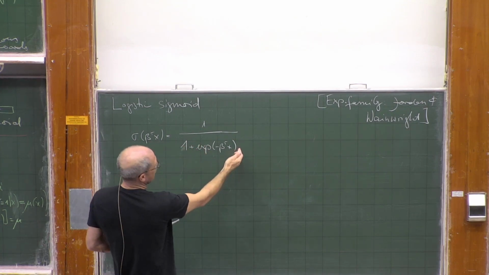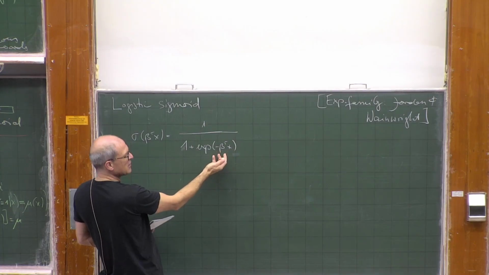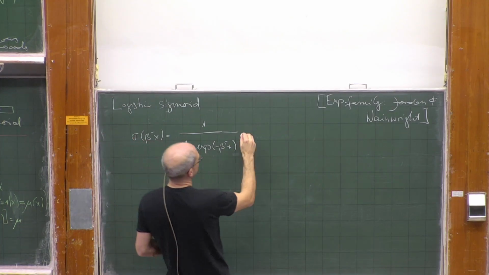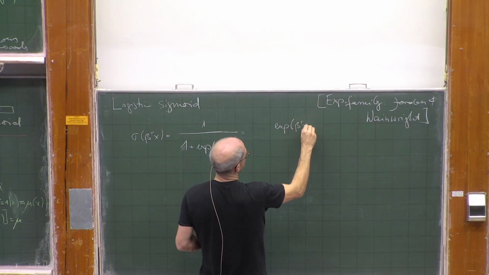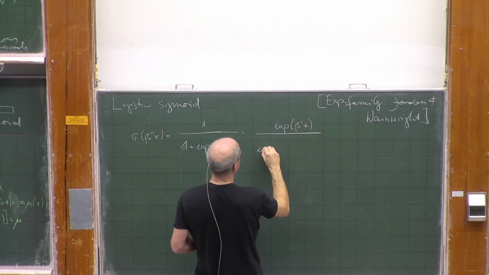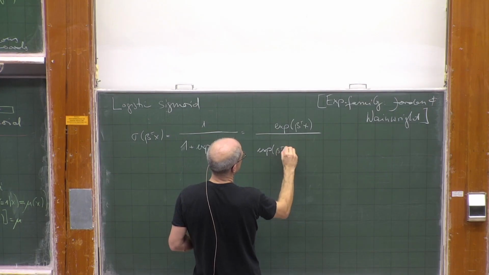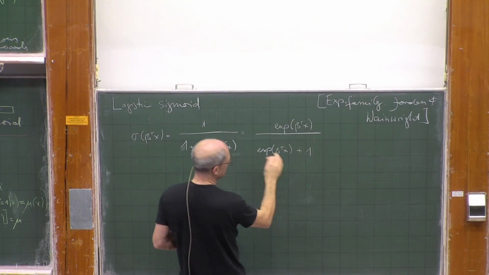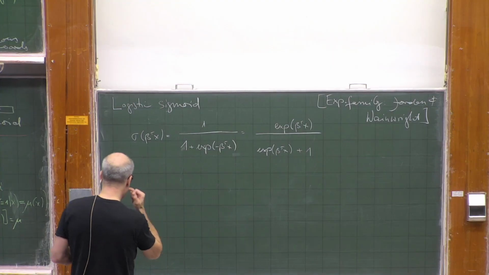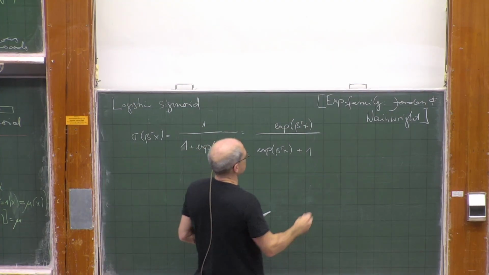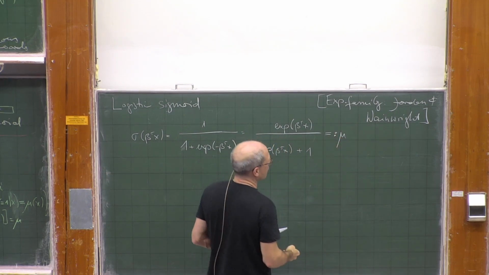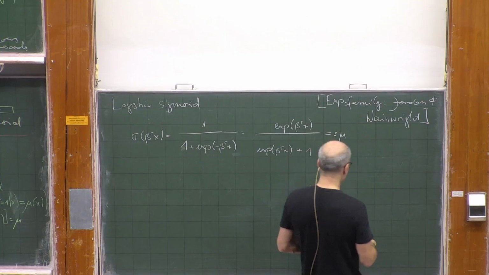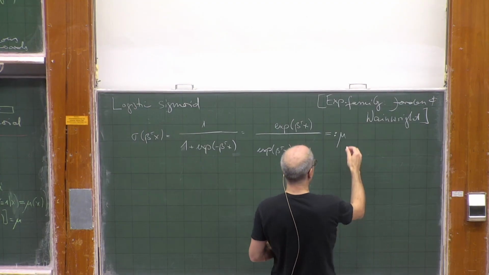And we can now multiply with e to the plus beta transpose x and we get this equivalent form here. And this is the functional form we now assume for mu.